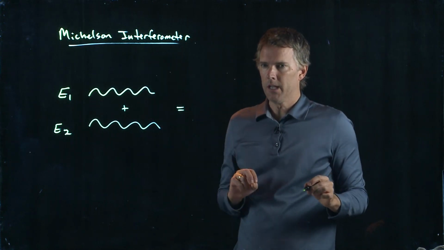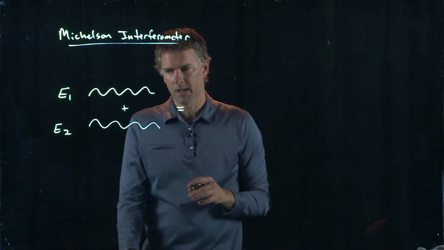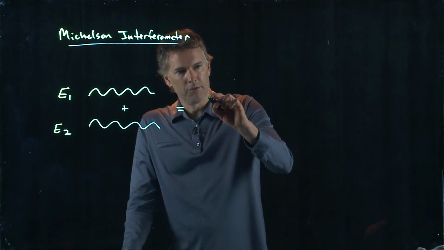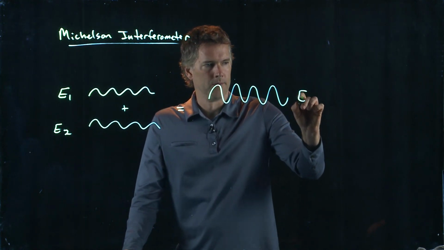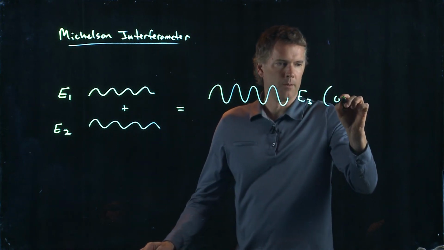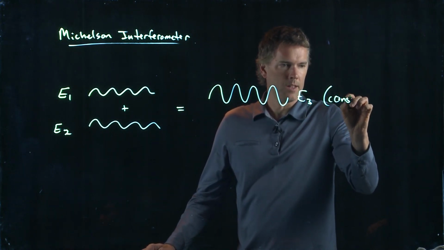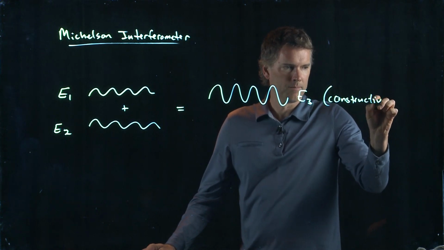And when I add E1 and E2, there's a couple different things that can happen. They could add up constructively. And we saw last time that if you add them up constructively, it gets bigger.